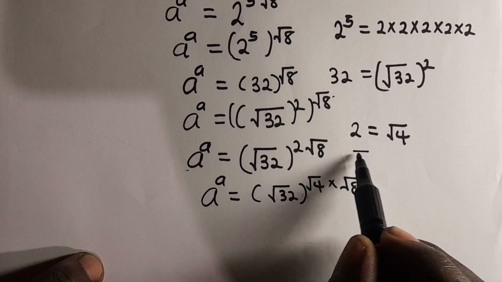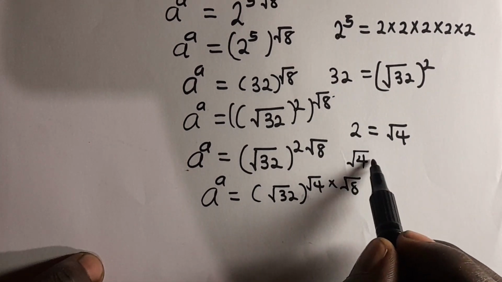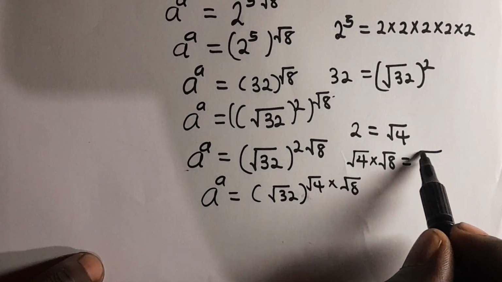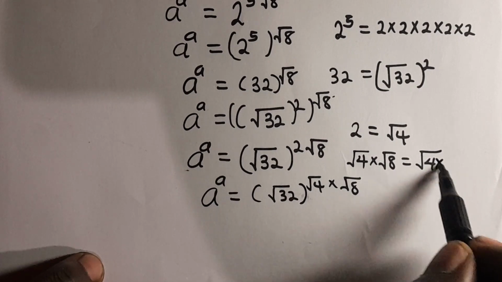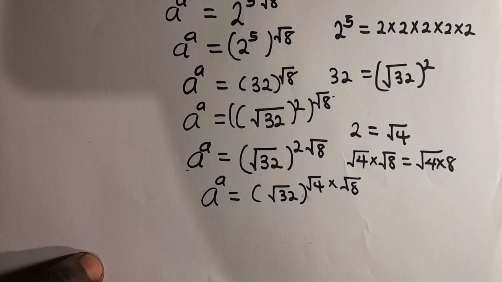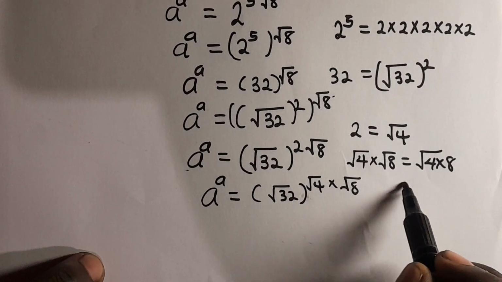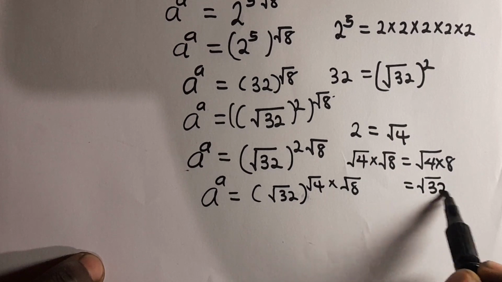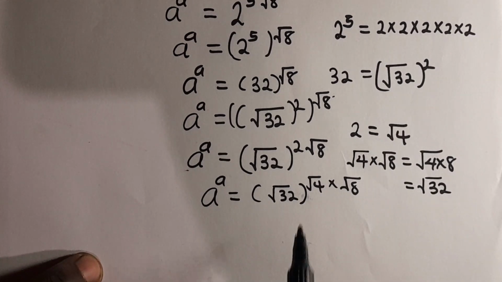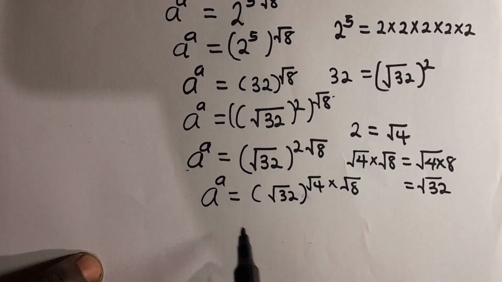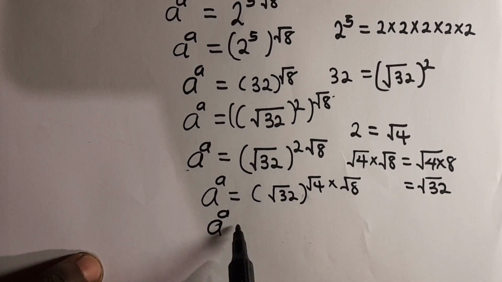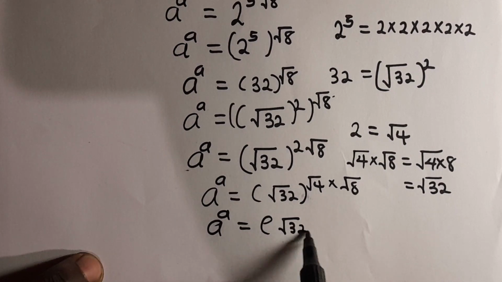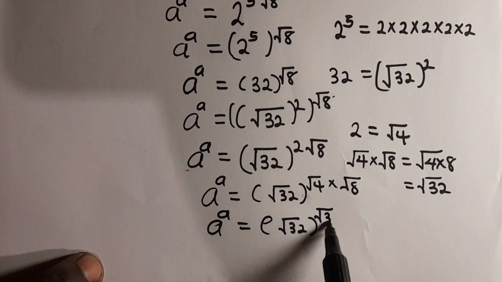When you have square root of 4 multiplied by square root of 8, this can be simplified to square root of 4 multiplied by 8, and 4 multiplied by 8 is 32. So therefore, this is equivalent to square root of 32, that means we are going to have a raised to power a equals square root of 32 raised to power square root of 32.